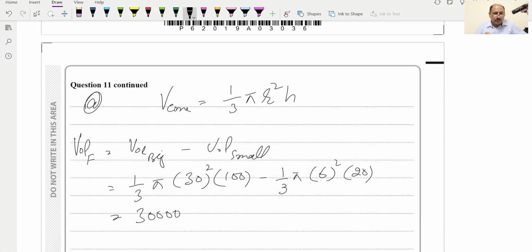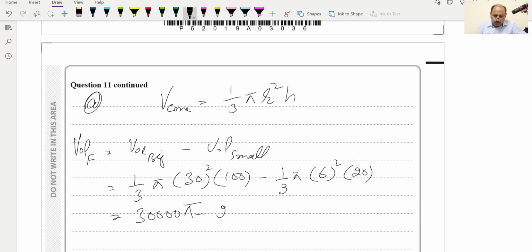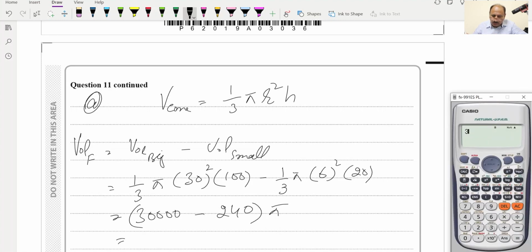Minus the other calculation, 1 over 3 multiplied by 6 squared multiplied by 20, is equal to 240. So we can take pi common and write it outside, and this will be 30,000 minus 240, which is equal to 29,760.